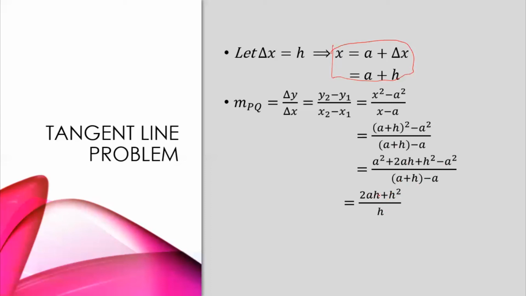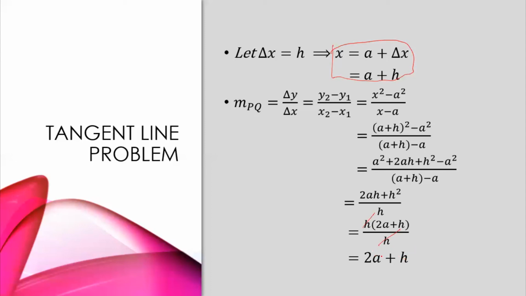As you notice, h is common to every term, so we factor this out. This cancels out because h over h is just equal to 1. So we have the slope of the secant line PQ is 2a plus h. That is 2a plus h, which is the slope of the secant line.